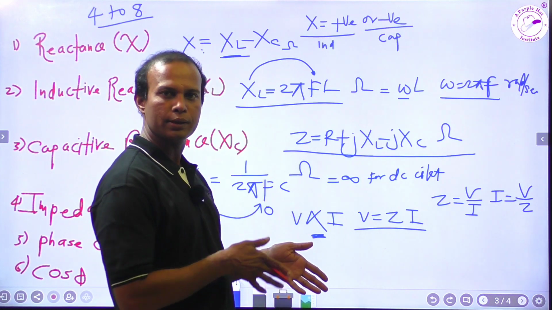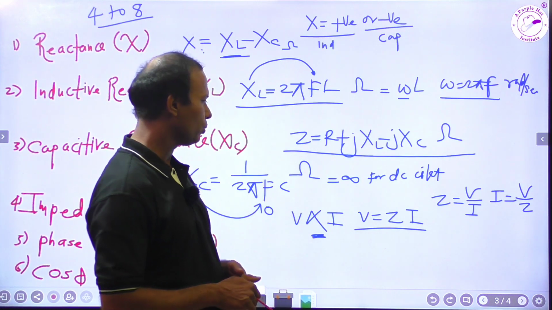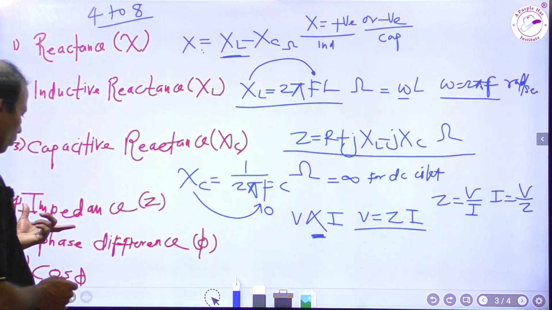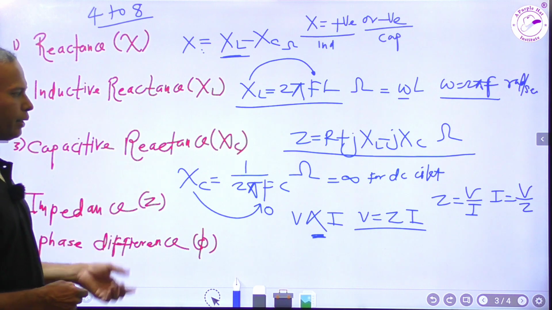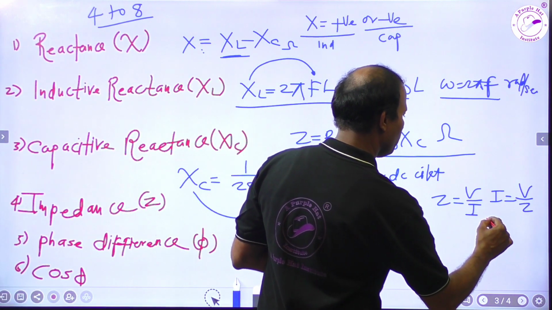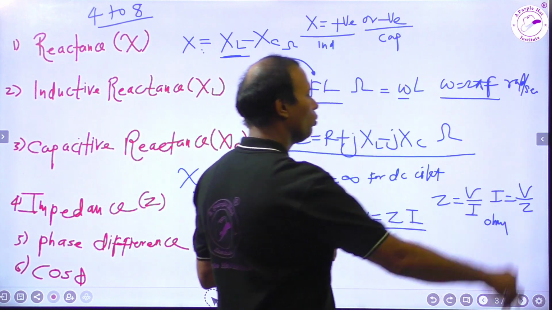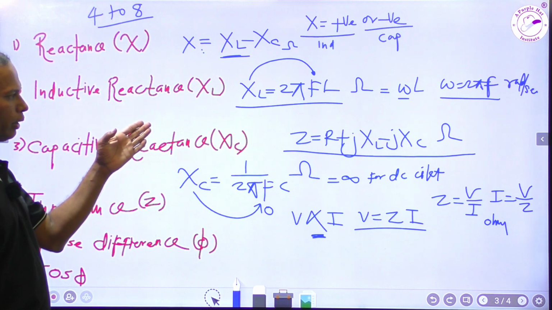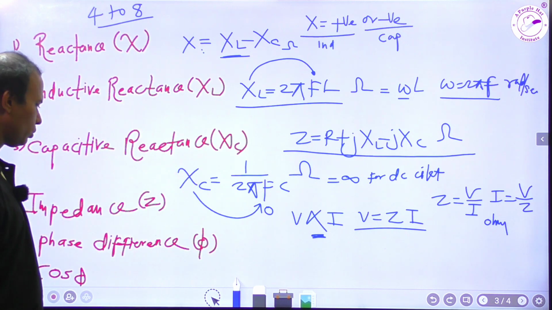If the circuit has only resistor and capacitor, the circuit becomes capacitive. Okay, in this way impedance changes, and impedance is the most important part. So this is impedance Z. Its unit is ohm. Like inductive reactance and capacitive reactance, this unit is also similar.